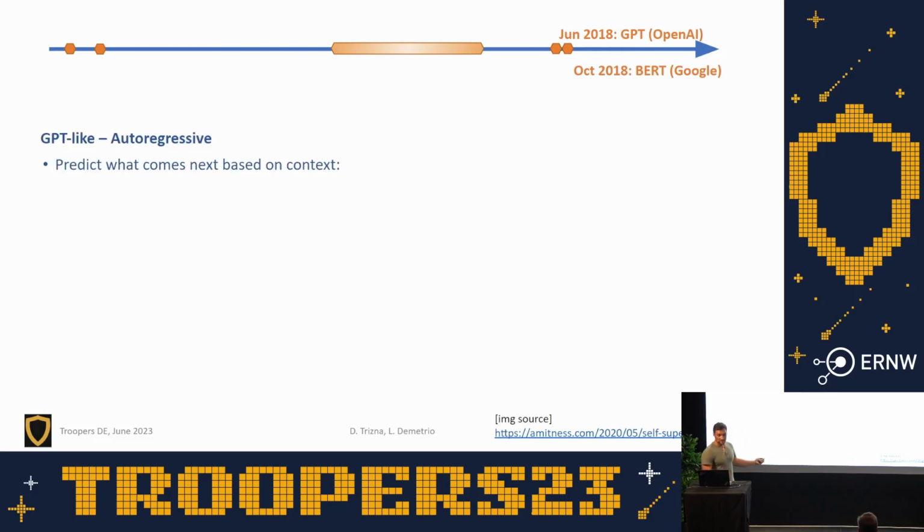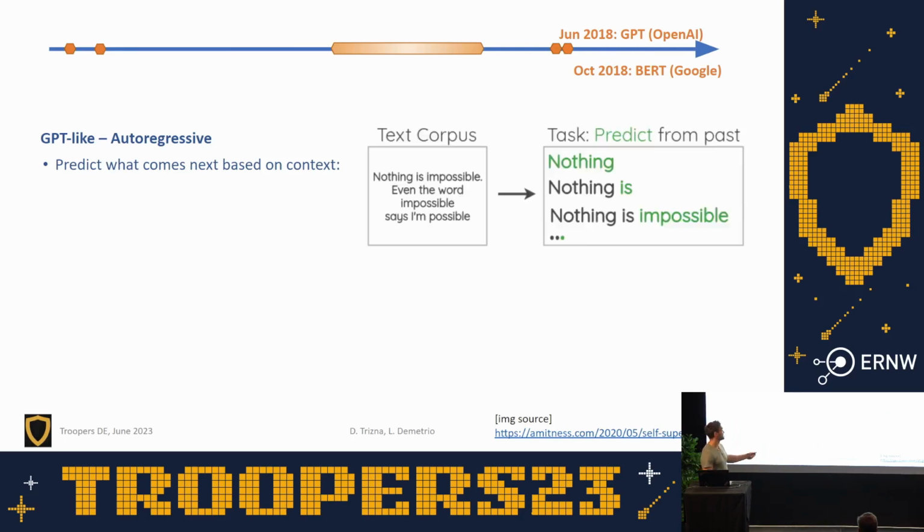How GPT does it, in scientific language, is called autoregressive. It just looks at the input in some context and tries to predict what is next. In the simplest way, it's just predicting the next word: nothing, what's next is nothing, nothing is impossible.